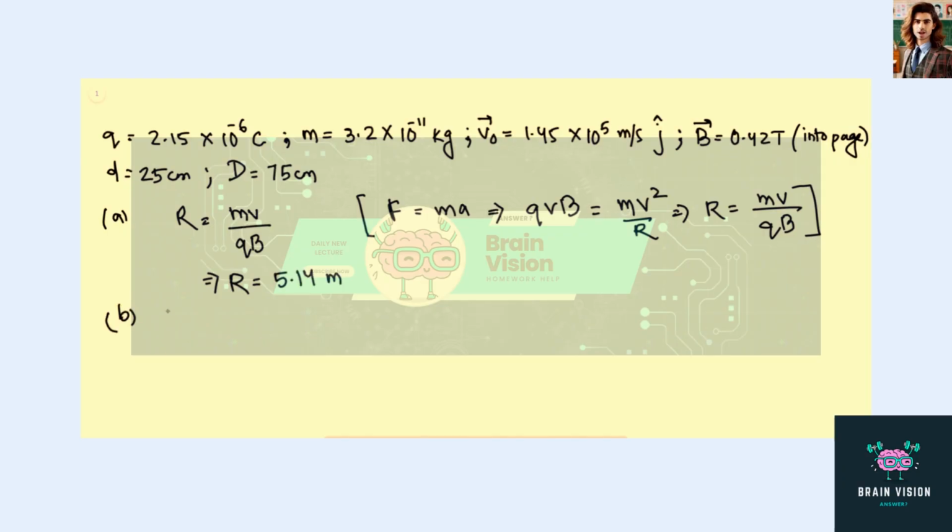Now for the second part, if you see figure 27.81 from the textbook, the distance along the curve, or small d, is given by capital R times theta. So small d is basically the arc, and that is given by the radius times the angle that the arc subtends at the center of the circle.